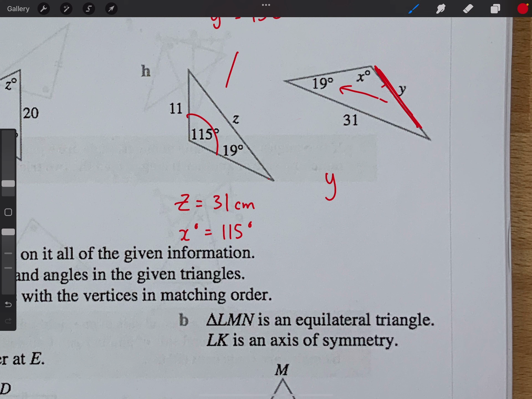So we look at this triangle. Here we've got 19 degrees. What's opposite this angle 19 degrees? Well, it's going to be this length 11. So therefore Y is equal to 11 centimeters.